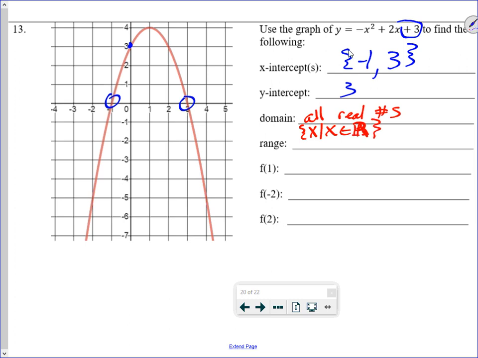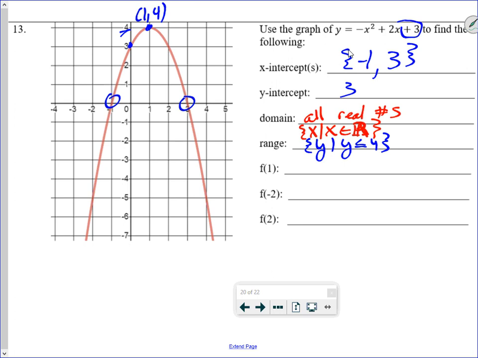The range, now this is parabola down. So once again, look at our vertex. Our vertex is 1, 4. So 4 is the maximum value. There'll never be any values higher than that. So the range is all values of y such that y is less than or equal to 4. And the less than or equal to is important.